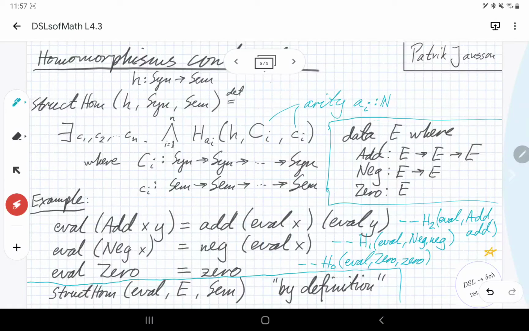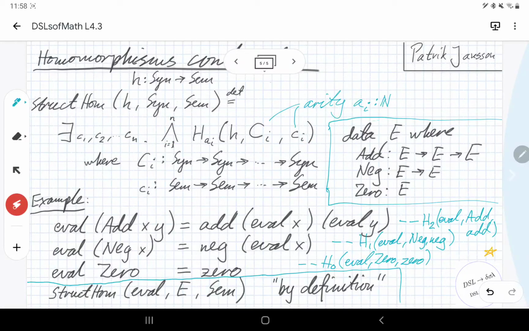I should mention a few more things about the logical form of the structural homomorphism here. If we want to prove that some function is not a homomorphism, then we need to negate this whole thing. So what does that mean? Well, we have to show not exists, which means that for all possible functions C1 to Cn, this is not the case.